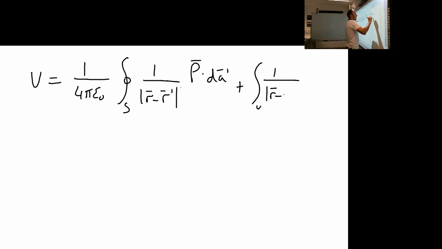So integrating by parts using the divergence theorem, you would have 1 over 4 pi epsilon naught by our surface integral of 1 over r minus r prime squared by the total polarization, which would be P dot dA prime, plus our volume integral of 1 over r minus r prime squared by the divergence of P, d tau prime.